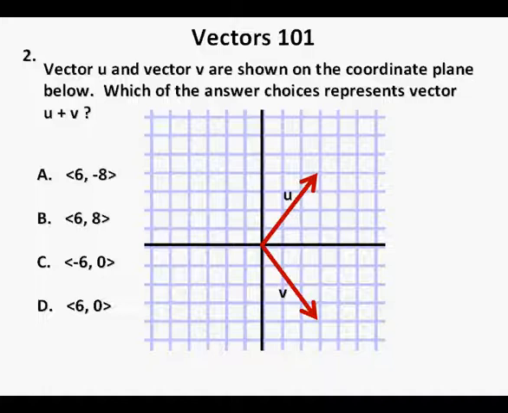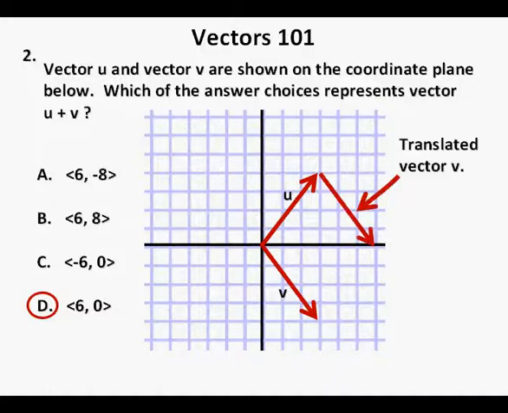Which of the answer choices represents vector u plus vector v? The correct answer is D, the vector 6, 0. We can place vector v tip to tail with vector u and see that the end or tip of the relocated vector v ends up at the point 6, 0.